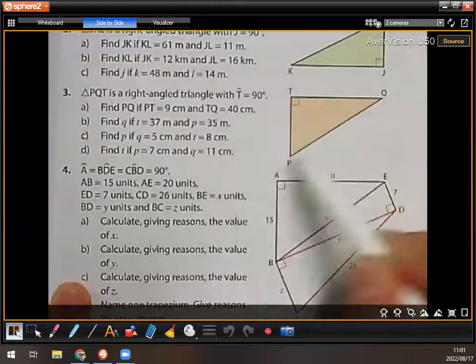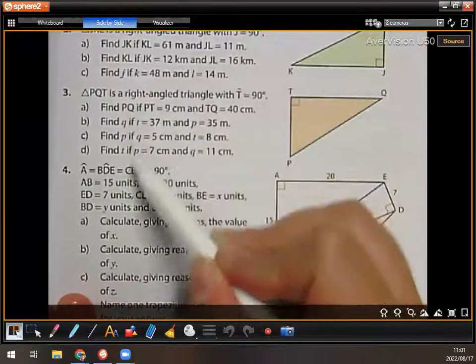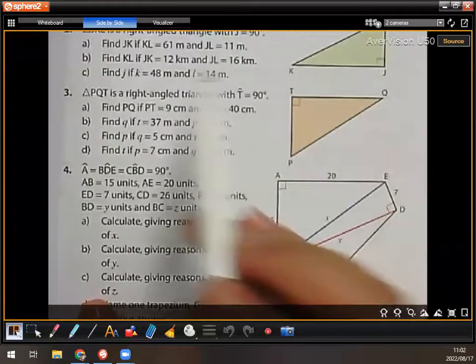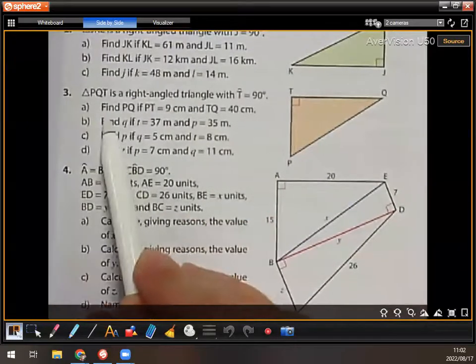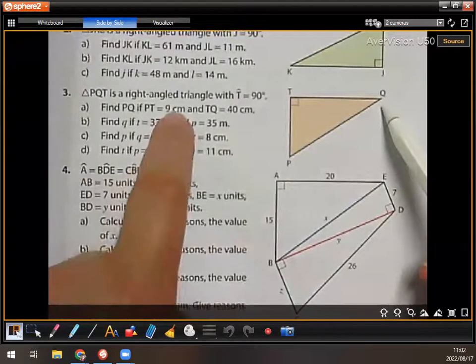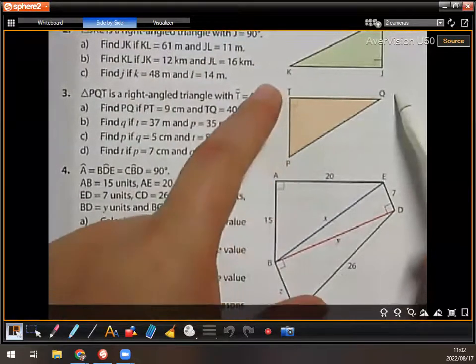Listen up, because you might be confused with the way that this question is asked. They've asked you to do 4 different calculations, but they've given you 1 triangle. In A, they're saying find PQ. So they're telling you for A, you need to find that length. And then they're writing in words, PQ is 9 and TQ is 4.